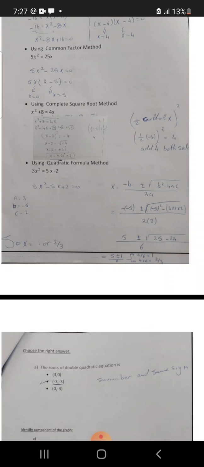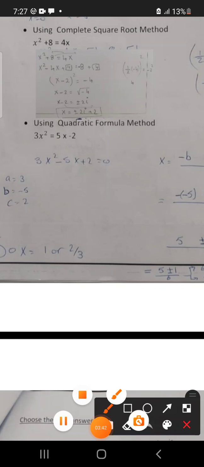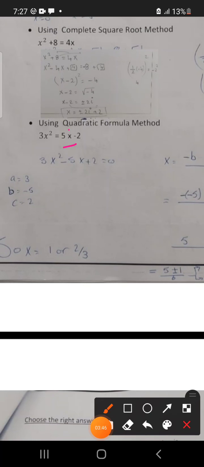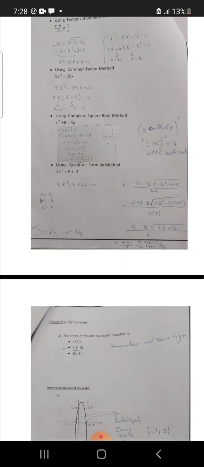Then from here, get A, B and C. So let's see here. You want to send the 5x to the other side with a negative, so it becomes negative 5x, and negative 2 to the other side as positive 2. A is the coefficient of x squared, 3, B is negative 5, C equals 2. Then substitute in the rule to get the answer.